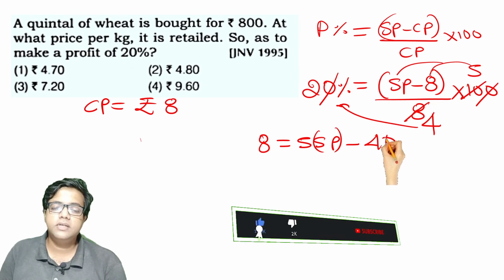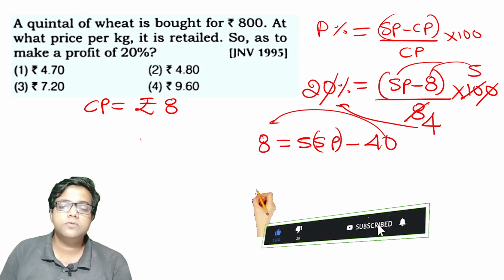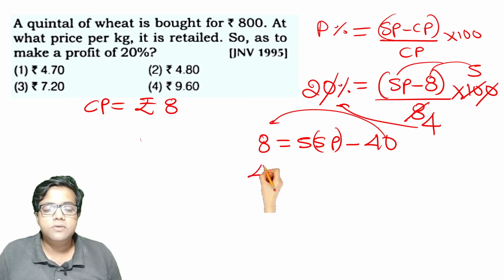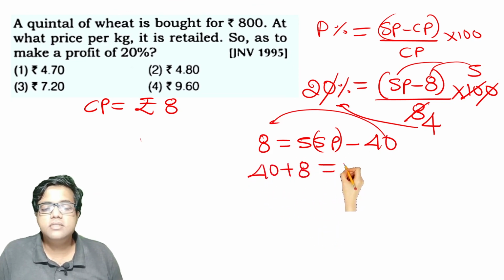This minus 40 will cross over here. So what will it become? It will become positive. 40 plus 8 is equal to 5 into selling price.